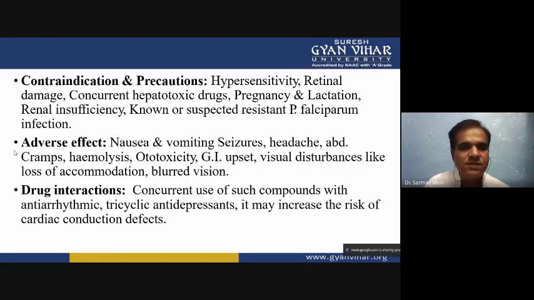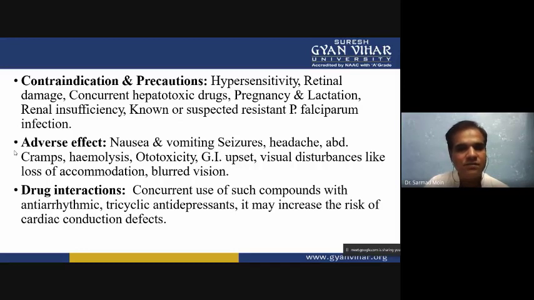If we treat these specific parasites with anti-malarial drugs, side effects include nausea, vomiting, seizure, headache, abdominal cramps, hemolysis, ototoxicity, gastrointestinal upset, and visual disturbance like loss of accommodation and blurred vision.